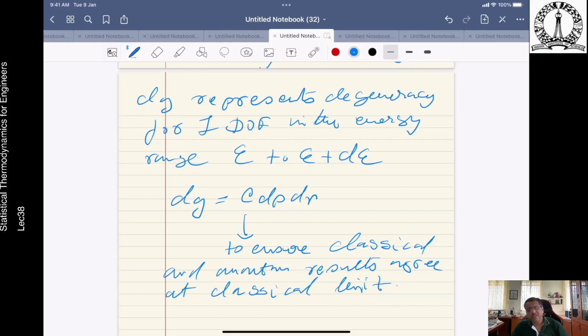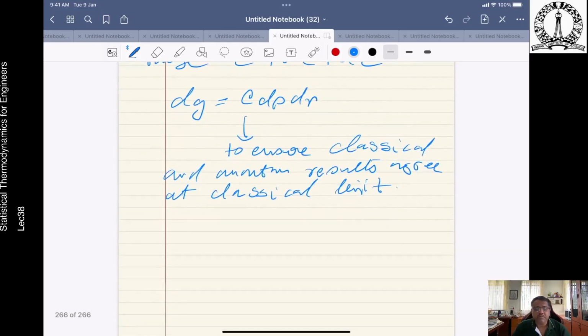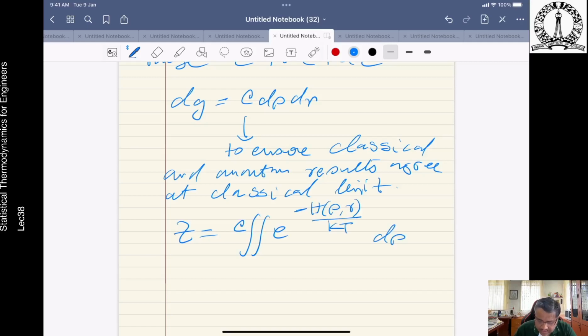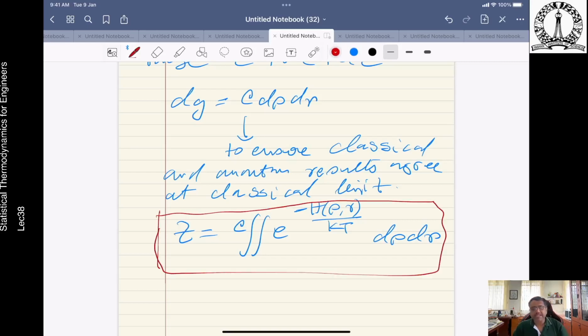Substituting this, we have z equal to C times the double integral of exponential minus H(p, r) by kT dp dr. This is the partition function in that limit, the classical counterpart to the differential degeneracy, where the integration is carried out over all phase space.